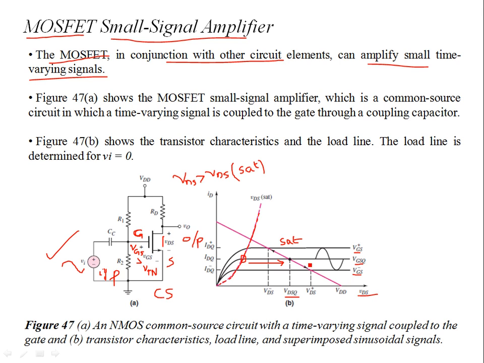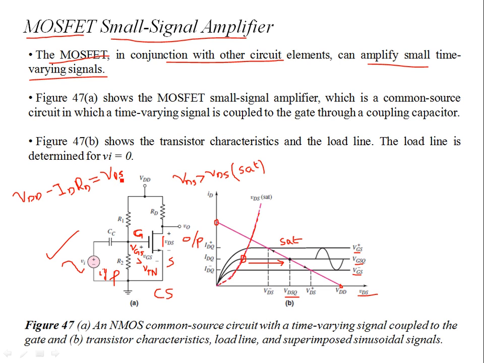Over here you have these IV characteristics, and then you have the DC load line. The DC load line implies you have 2 points: this is for VDS 0, and this is for where ID is 0. At the output, the load line equation is VDD minus IDRD equals V naught, and V naught is VDS.